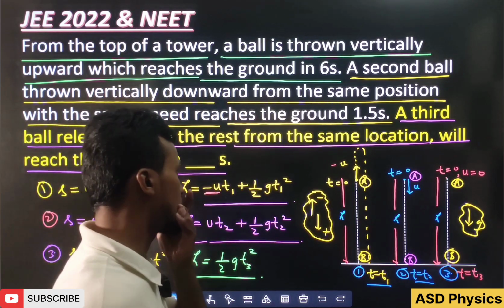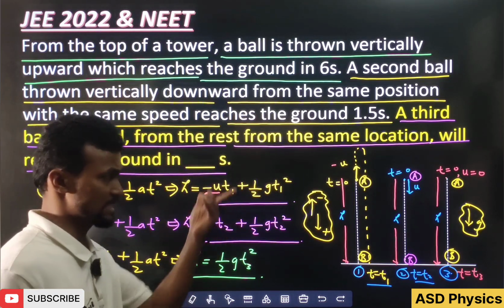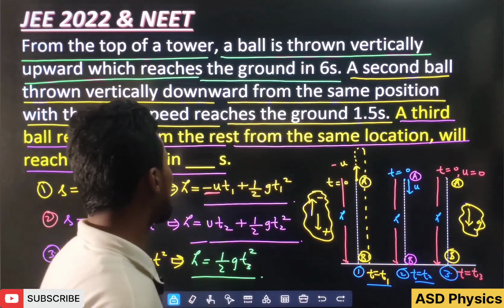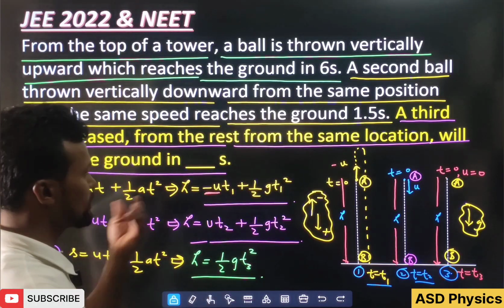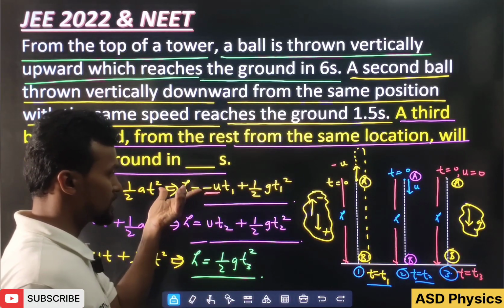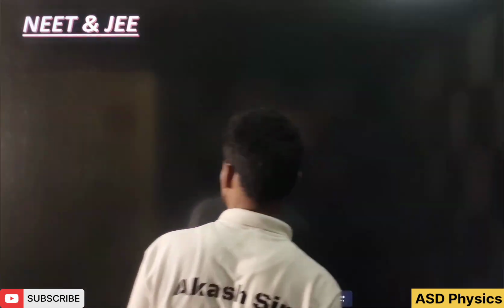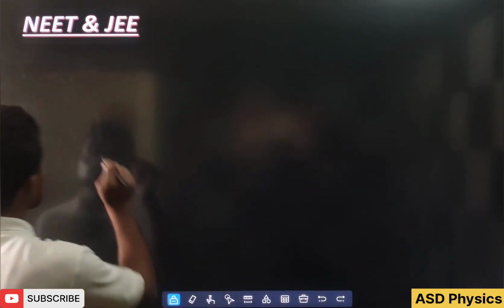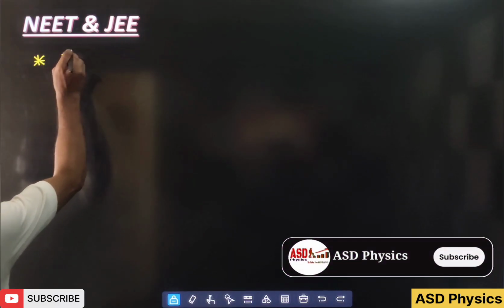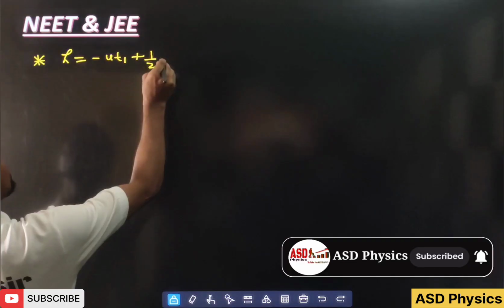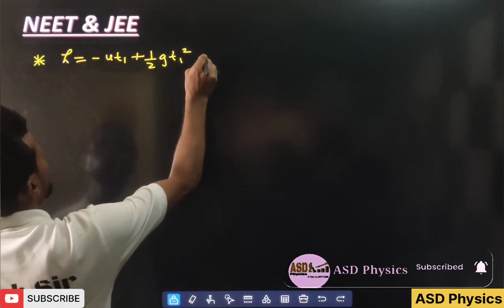Now students, what we are going to do here is solve the first two equations and eliminate the value of u. To eliminate u, I will multiply this one with t2 and this one with t1. As we know, h equals minus ut1 plus half gt1 square.